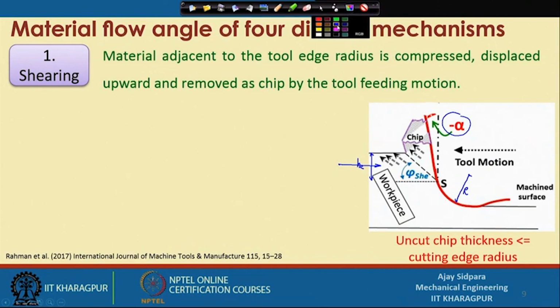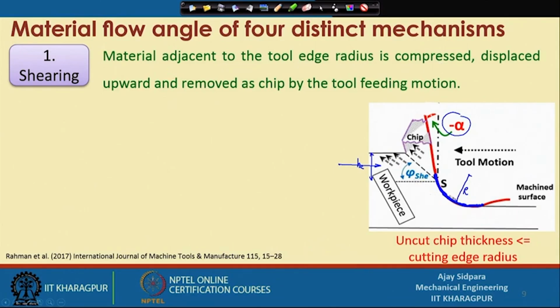Whatever is this here, the whole thing is a cutting edge radius. This one. So material adjacent to the tool edge radius is compressed.